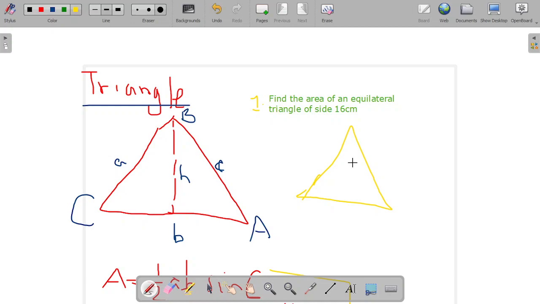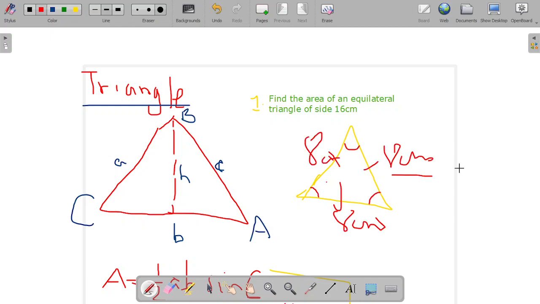For a triangle, the sum of the angles in it is 180 degrees. So for the equilateral triangle, all sides are equal, so the angles, when added together in the triangle, must be equal to 180.